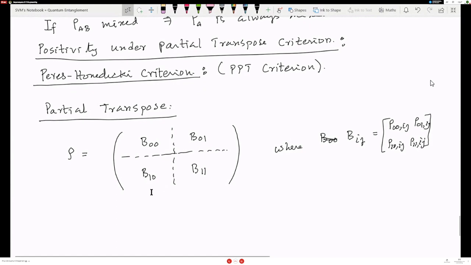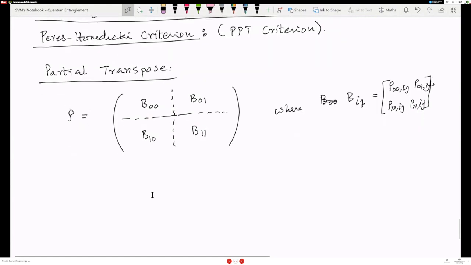Okay. Now you can take partial transpose over subsystems. Let us define rho prime to be the partial transpose over A of rho.